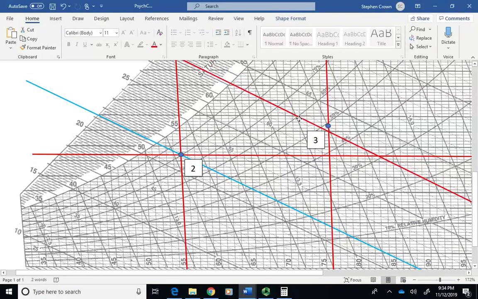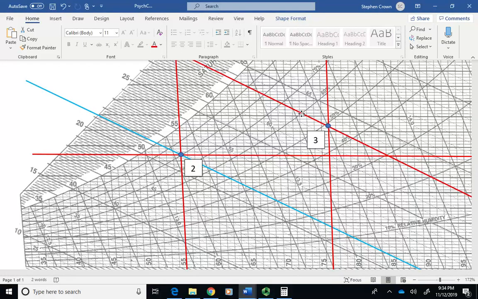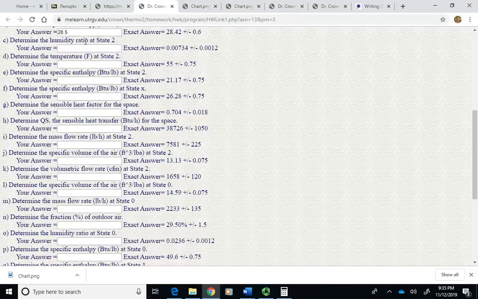Put that one back if I need it. Okay, and that looks like about 21.3 maybe. There's 21, 21.2, I'm a little past that, so say 21.3. And that would be enthalpy of 21.3.